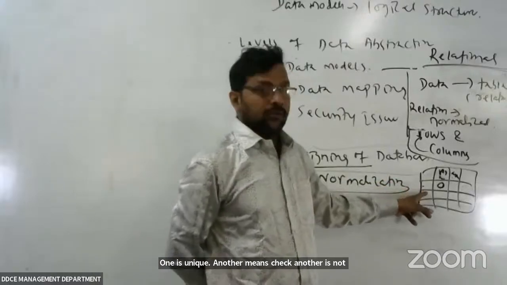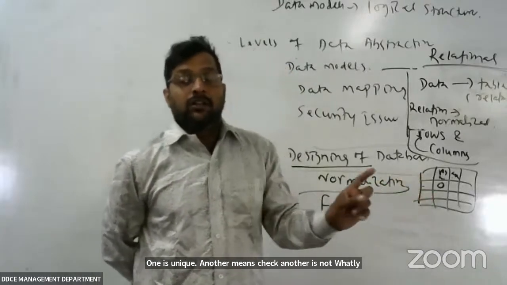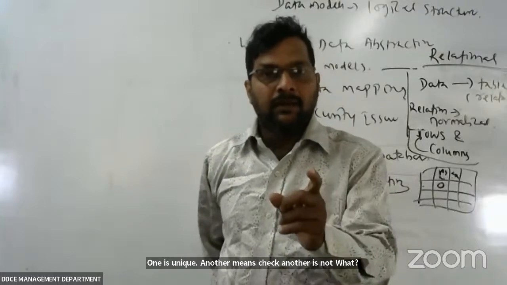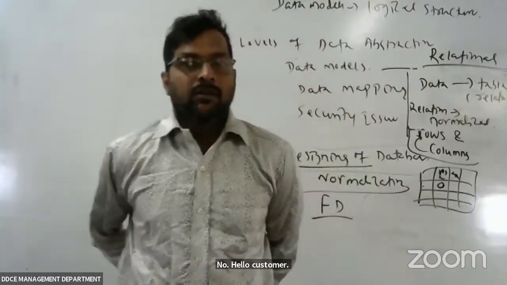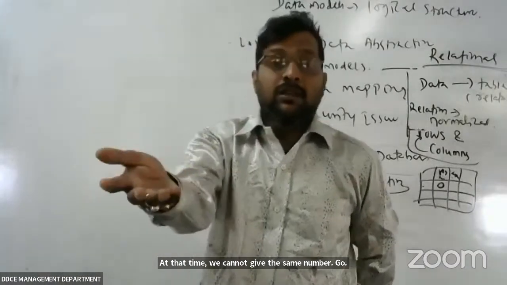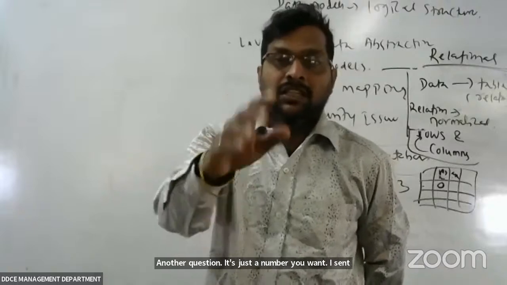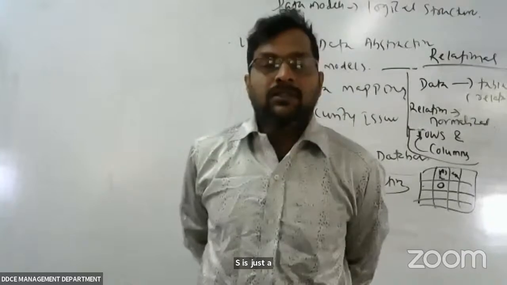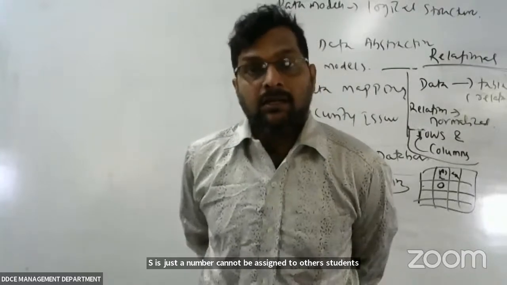Only not null is not enough. If an account number is already assigned to one customer, we cannot give the same number to another customer. A registration number once assigned to you cannot be assigned to other students. What does it mean? It is unique and not null.